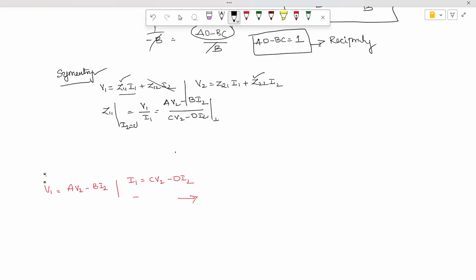Apply the condition I2 is equal to 0. When I2 is 0, these terms will not be there. That is nothing but A by C, the value of Z11.